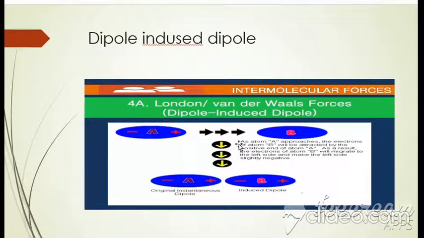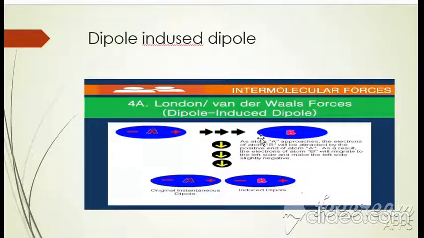Due to this repulsion, the electrons move away towards one end, and this end becomes the negative terminal, and the opposite end, from where the electrons move away, carries the positive charge. So a dipole is created.